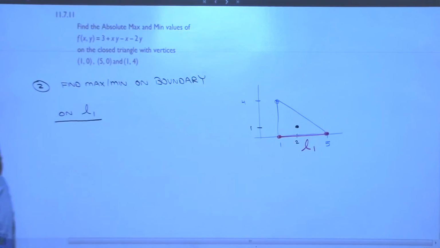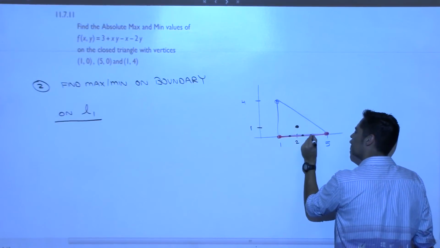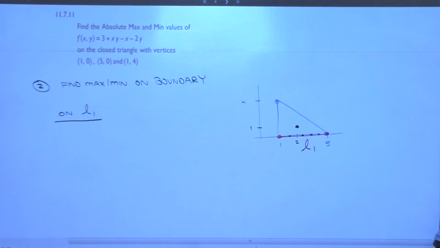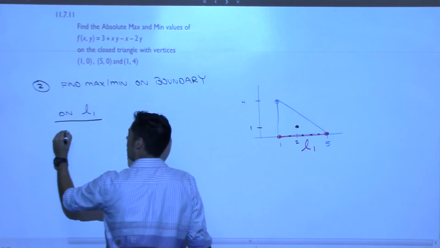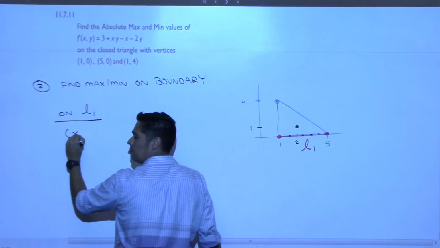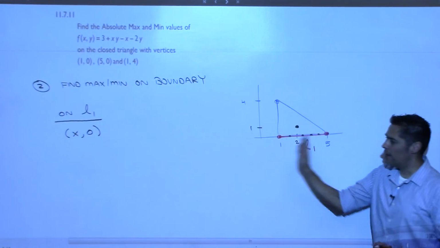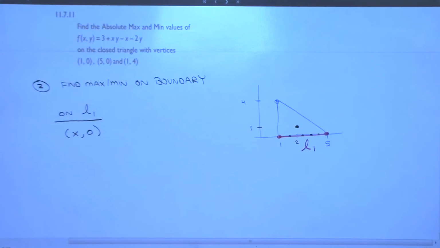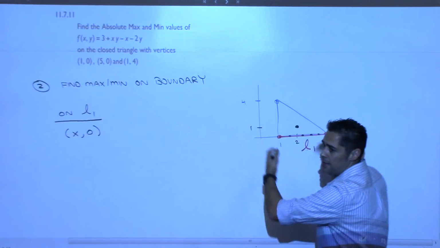Tell me about the points that live on L1. Tell me about all these points. What do they all have in common? Y is 0, right? So they all look like this. It's some x coordinate, and then your y coordinate is 0. Agreed? All points along that line look like that. And there is some slight restriction, though. X can't be anything, right?